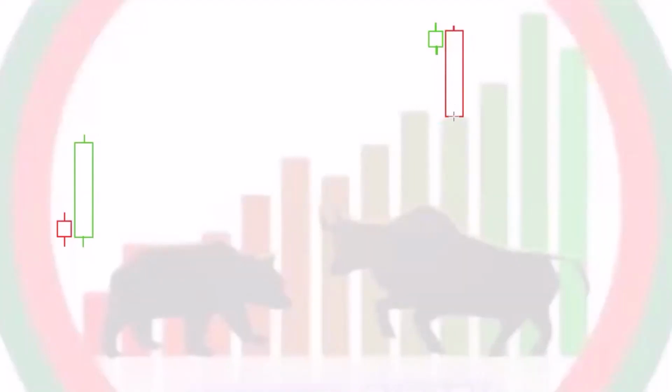Before starting this impulsive movement by the seller side, this was the last candlestick by the buyer side. Before starting this impulsive movement by the buyer side, this was the last candlestick by the seller side. So if we identify this area here to here, this is our order block area.